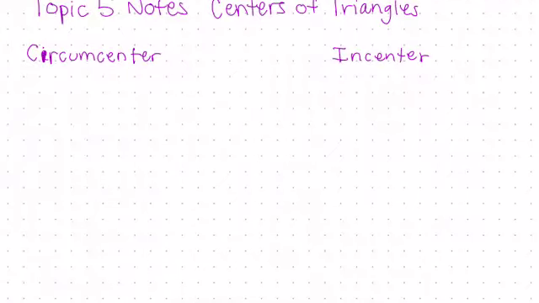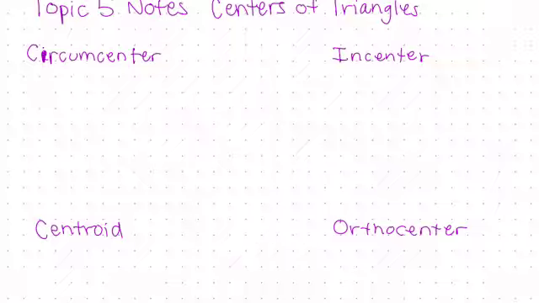In addition, we're going to have the centroid and the orthocenter. And we're going to put in a description, and then we're going to draw a picture, and then we're going to look at it more using a computer-based application.